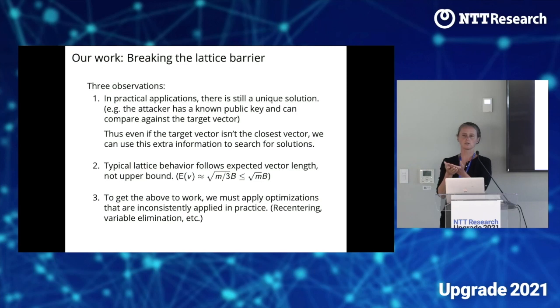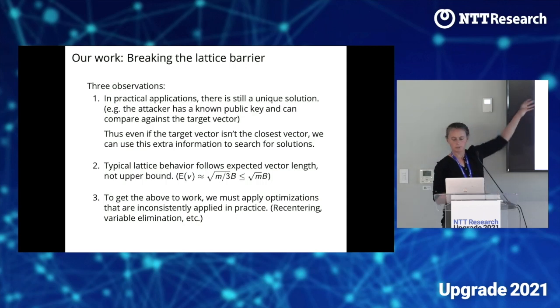A given solution is going to give you a candidate private key, and you can just multiply the candidate private key by the generator and check, is that the public key or not? This is a nonlinear thing that's not included in the structure of the lattice. So we know whether we got the solution or not, and we don't have to restrict ourselves to looking at the shortest vector. We can look through many vectors if we want. We could start enumerating lattice vectors and check whether they're the solution or not.